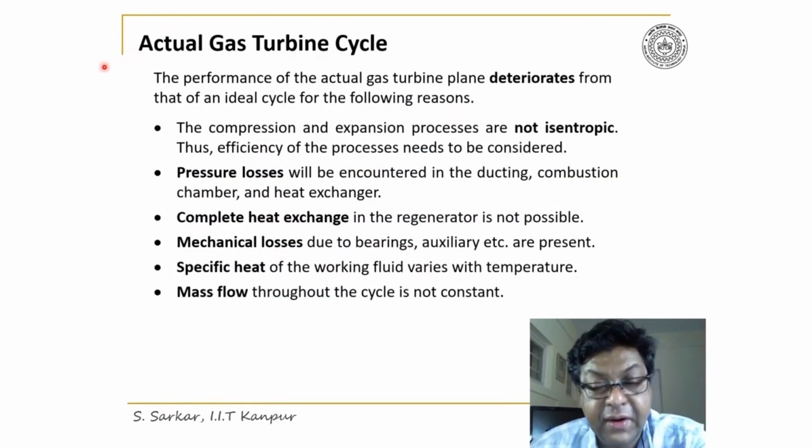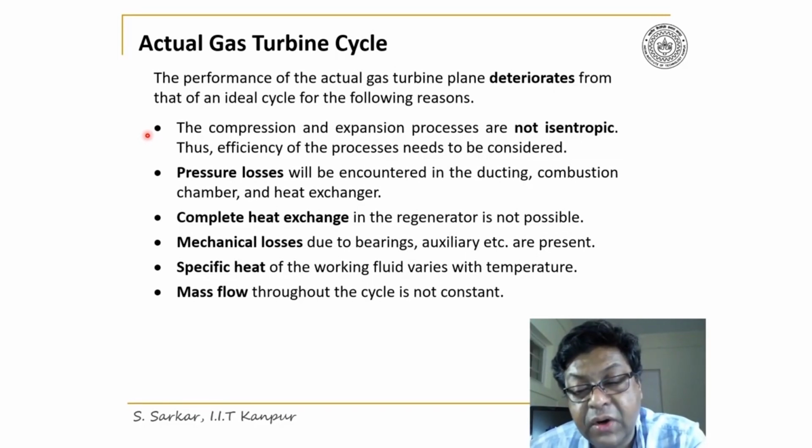Let us consider now the actual gas turbine cycle. The performance of the actual gas turbine cycle deteriorates from an ideal cycle for the following reasons. The first point is the compression and expansion processes are not isentropic. Thus, the efficiency of the compressor and the turbine must be considered here.